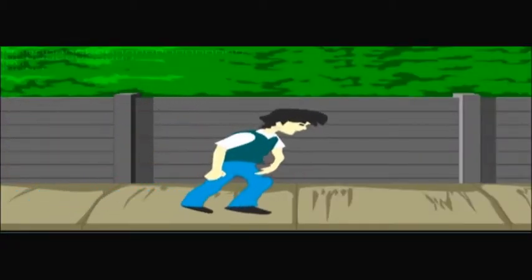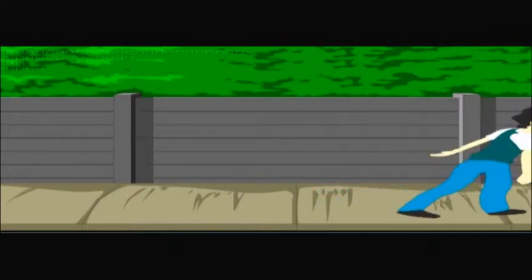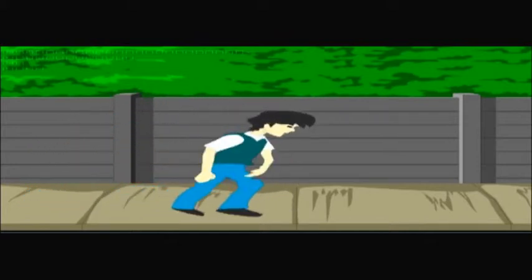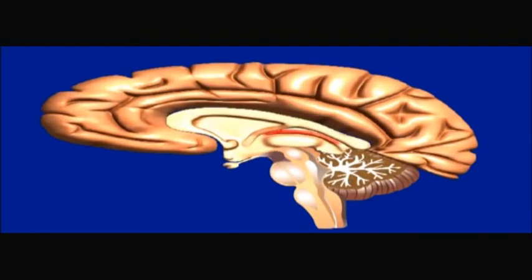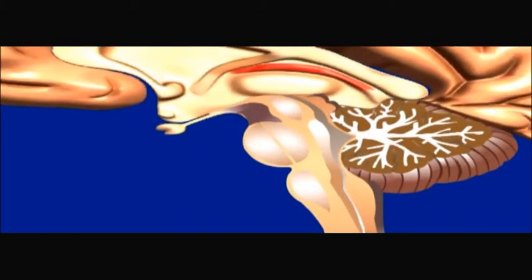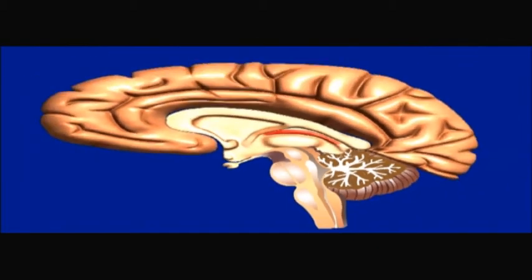You must have noticed that people who consume alcohol cannot walk straight because alcohol impairs the cerebellum, which in turn affects balancing. Brainstem. This brainstem has 2 parts, pons varolii and medulla oblongata. Pons varolii has bands of transverse nerve fibers. These nerve fibers connect the 2 sides of cerebellum and cortex.